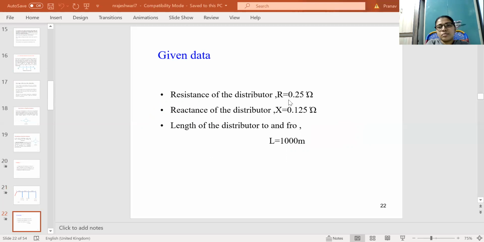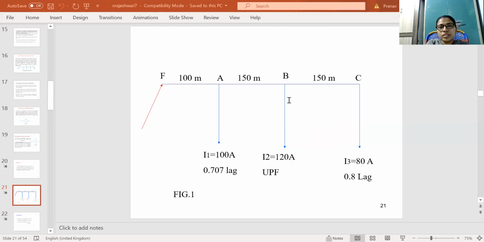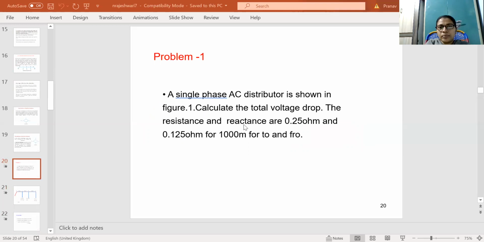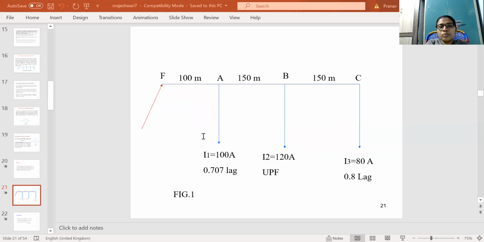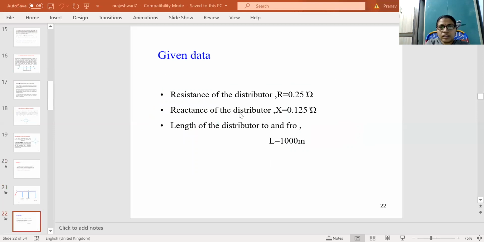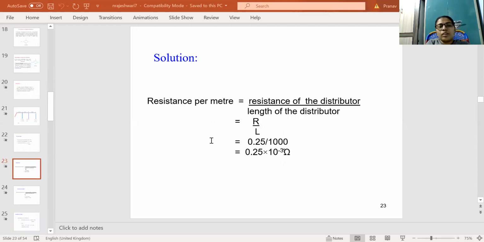The resistance of the distributor R is 0.25 ohms. Given in this problem, the reactance of the distributor X is 0.125 ohms, and the length of the distributor, to and fro, is L equal to 1000 meters. First of all, we have to find the resistance per meter length and reactance per meter length.